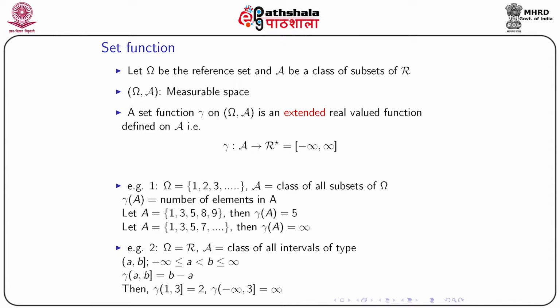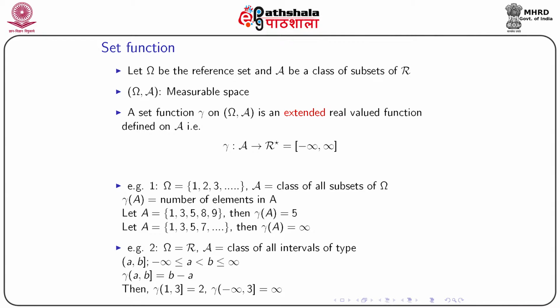Now if we have a set which consists of an infinite number of elements, for example if I consider all odd numbers, so my set A consists of all odd numbers, and I ask the same question, how many elements are there in the set A, the answer will be infinity.